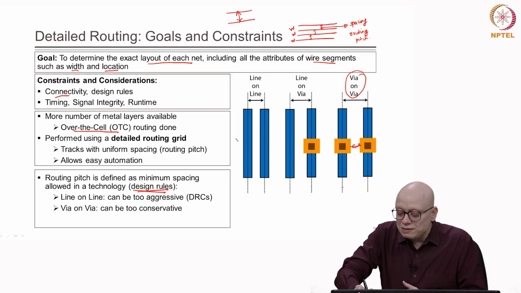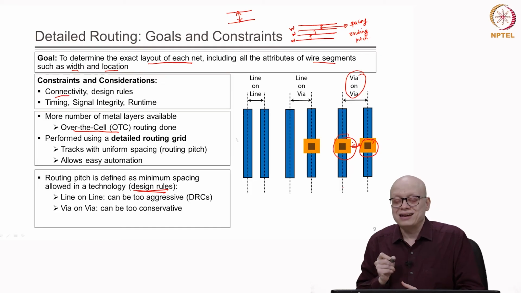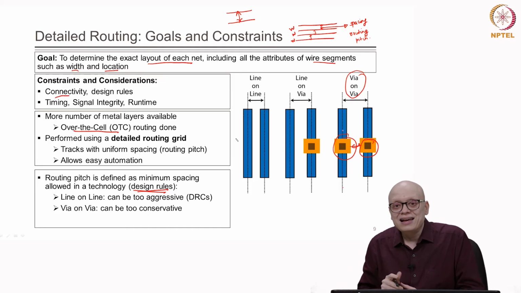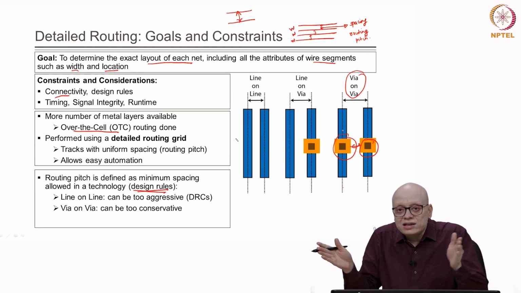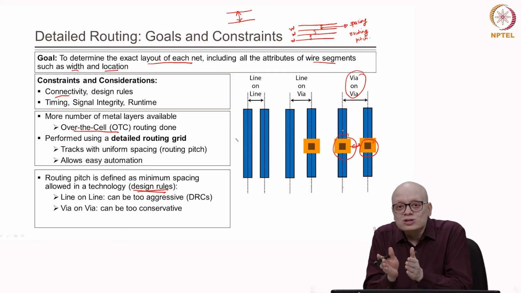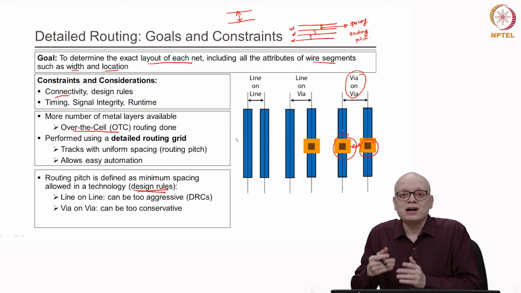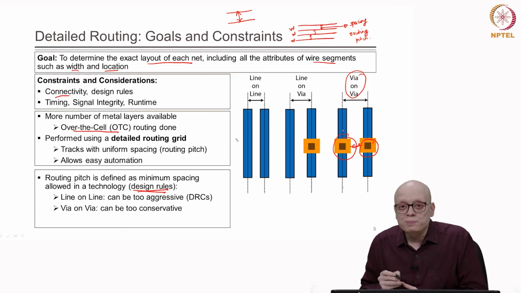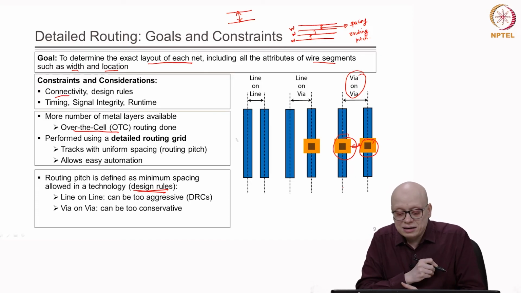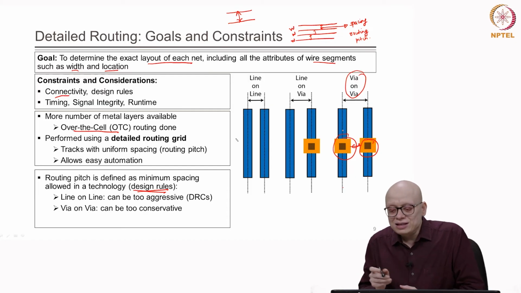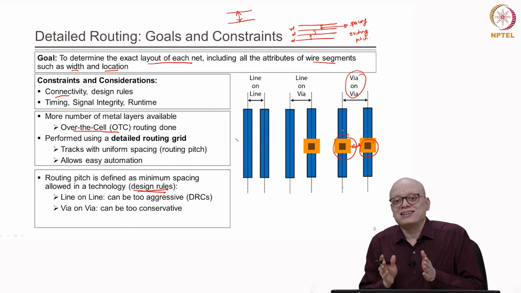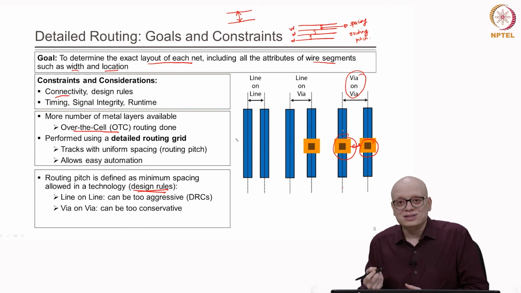Because there will be many lines where there are no adjacent vias, just two lines, and in that case we could have made them closer without any violations, which we are not doing. Therefore, making a track or grid graph based on tracks with via on via spacing is also not a good solution, it is too conservative.